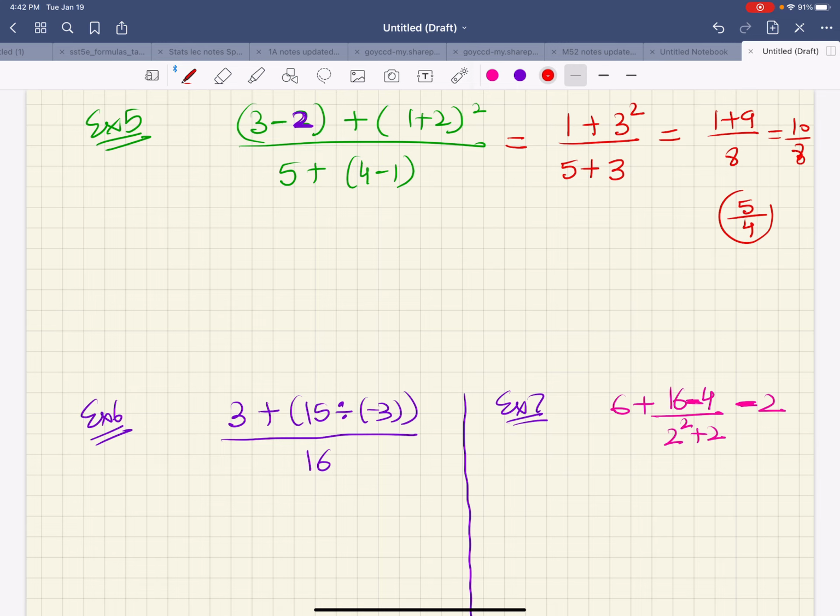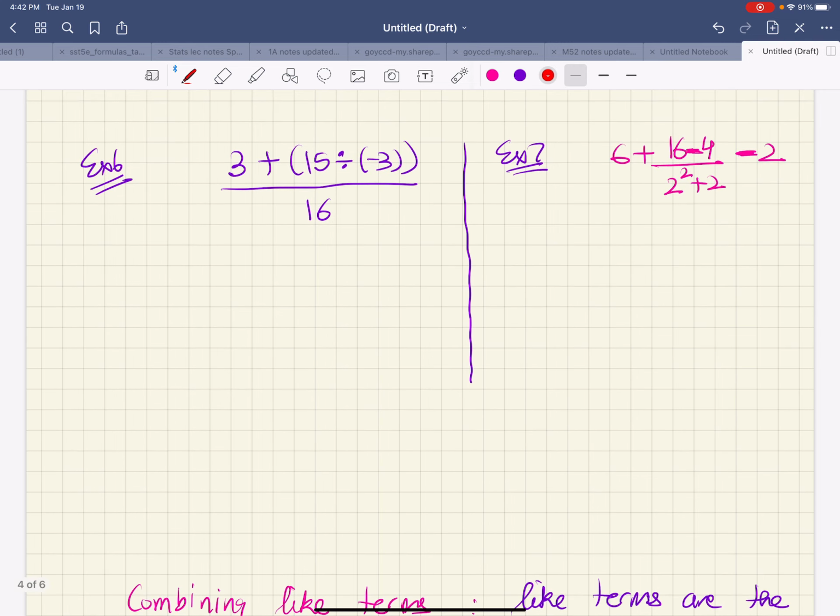All right, next example. Let's see example number 6. 3 plus 15 divided by negative 3 inside the parentheses, divided by 16. So start with inside the parentheses. 15 divided by negative 3 is negative 5. Now we can consider that there's a positive 1 over here.